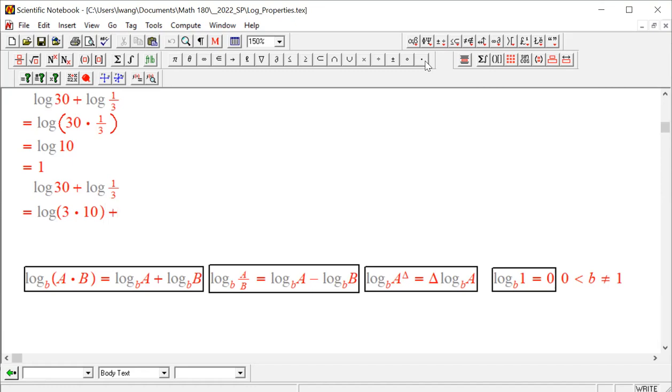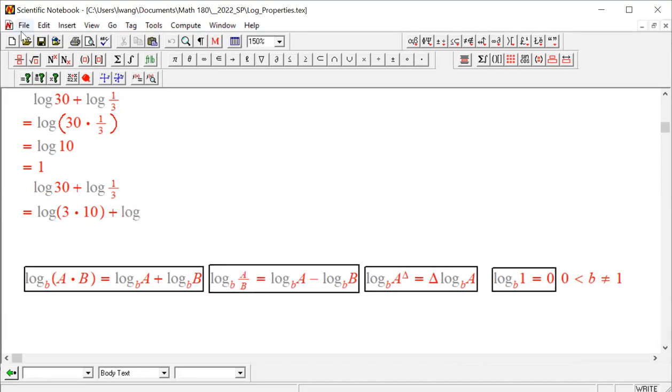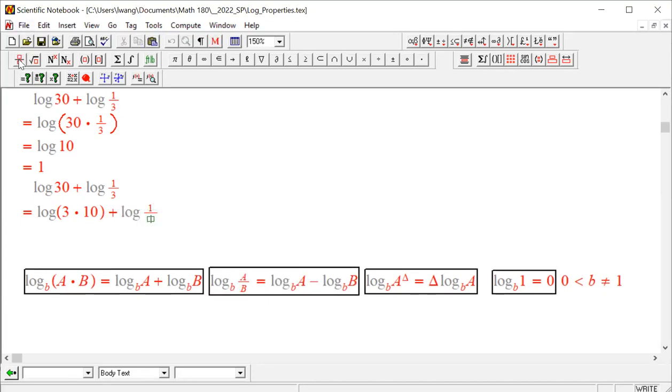So one I use the product rule, and the other the quotient rule. For the first step I just changed the first one.